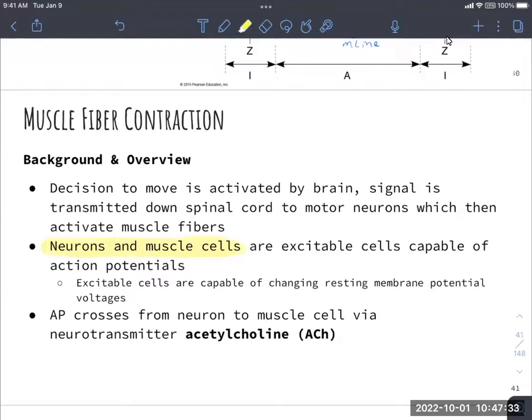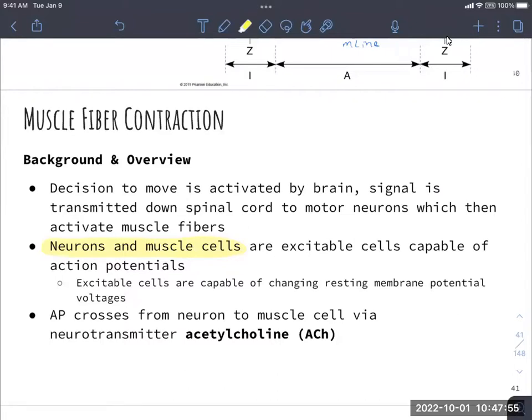So, since nerves and muscles are the only excitable cells in the body, they can change. They have a resting membrane potential. They have a certain charge. And that charge can change depending on information getting sent to them or not.